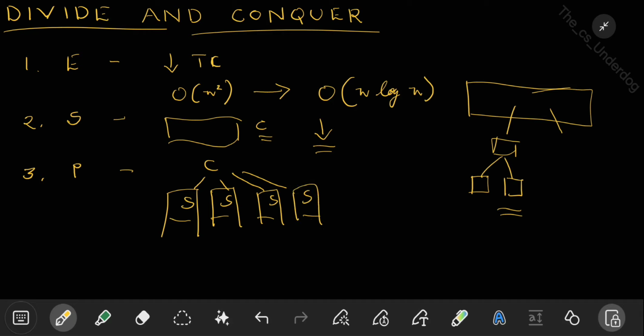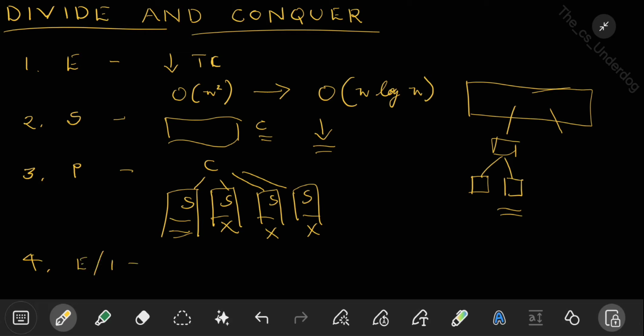Why can you do it in parallel? Because the solution to any sub-problem will not depend on the solution for other sub-problems. So because of this, if you have the facility to do parallel processing, you can apply it in a divide and conquer algorithm. And the fourth advantage is ease of implementation.